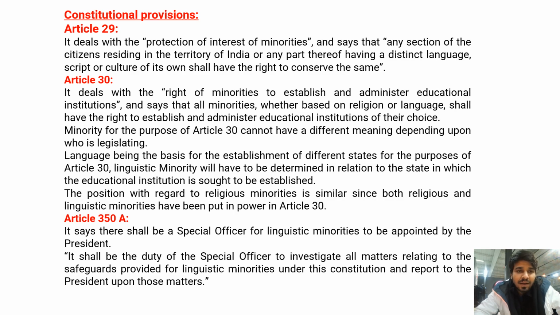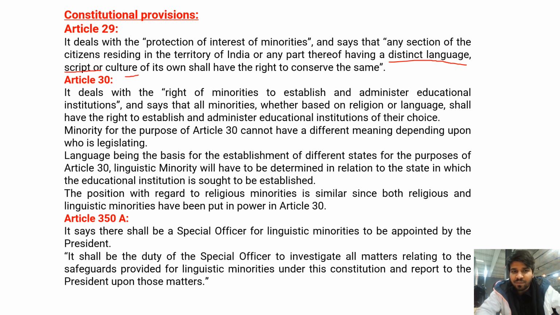Now, constitutional provision related to the minorities. Article 29, it deals with the protection of interest of minorities, right? And it says that any section of citizen residing in the territory of India or any part thereof having a distinct language, script, or a culture.